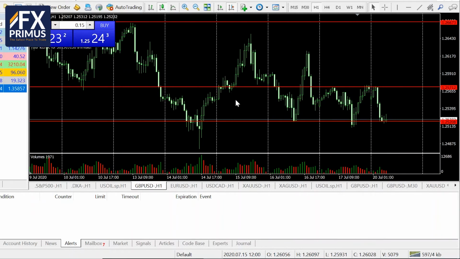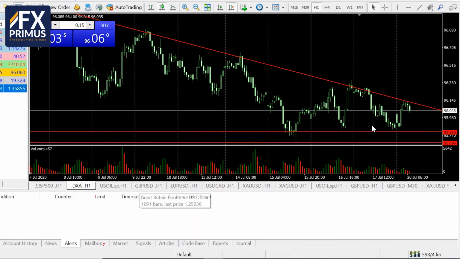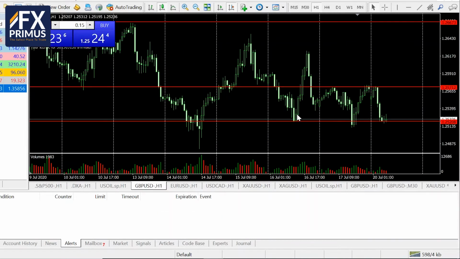In fact, the UK pound continued to weaken. So the summary is that the UK pound is in kind of a bearish mode, to be frank. And even as the US dollar was weakening, we did not really see the UK pound being bullish against the dollar.